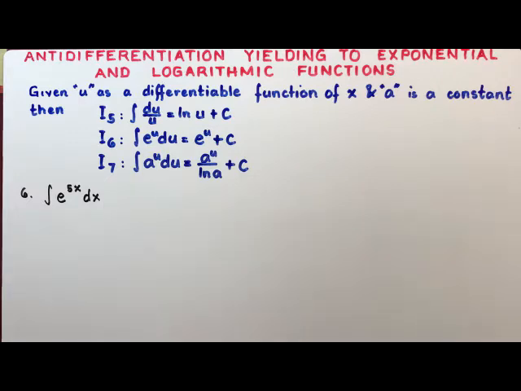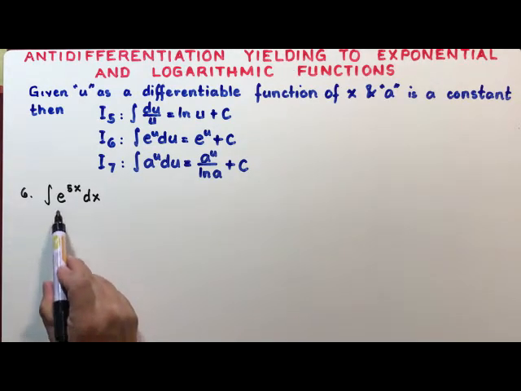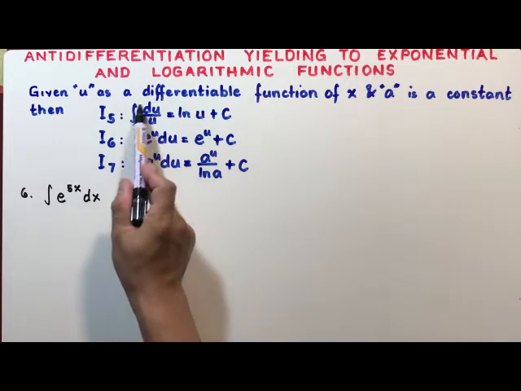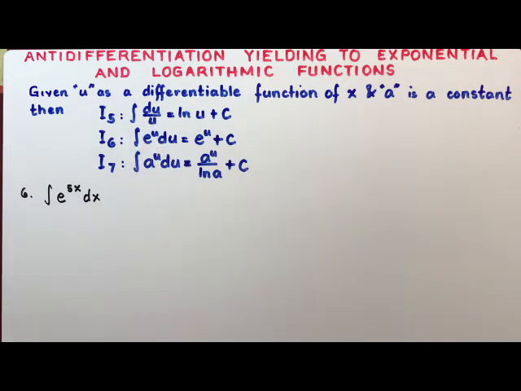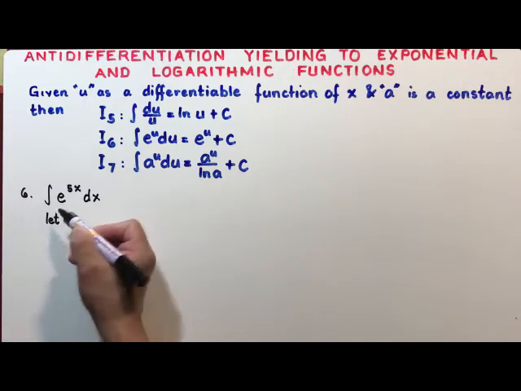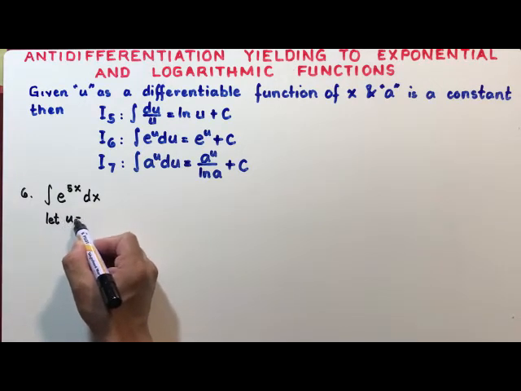Now you see that our integrand is an exponential function. So it is impossible to convert this one into an integrand the same as formula number 5. So this integrand is closer to formula number 6. So what if we use 5x as our u?